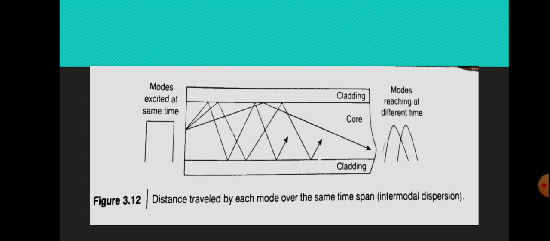Each ray shows a different mode, and we are explaining this with the help of a ray diagram, not with the help of a wave diagram. So you can see that different modes will travel at a different path, and at the receiver end the rays will be received at different times. So this results in pulse broadening, and this figure shows the distance travelled by each mode over the same time span, and you can see that at the receiver end the pulse received will be broadened.